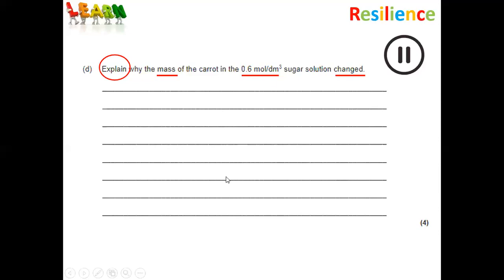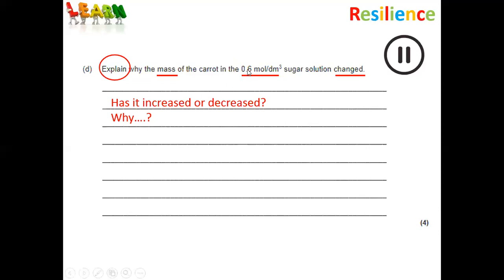So this is a 4-mark question, which means you've got to make 4 clear points or use 4 distinct keywords as part of your explanation. So what you might want to say first of all is whether it's increased or decreased. So look back at the table of information, or look back at your graph you've drawn, and have a look for the 0.6 molar one.